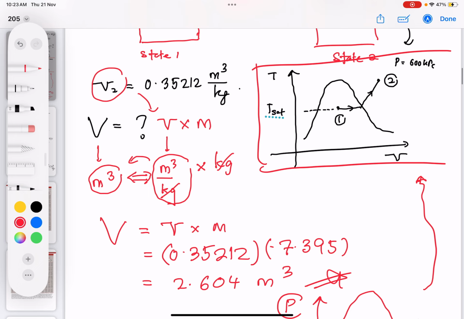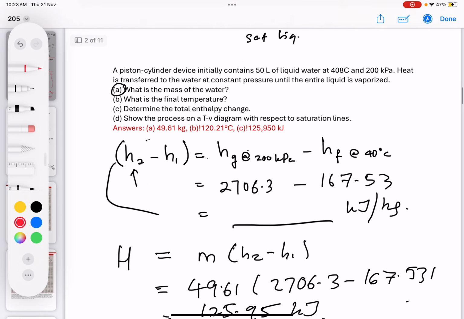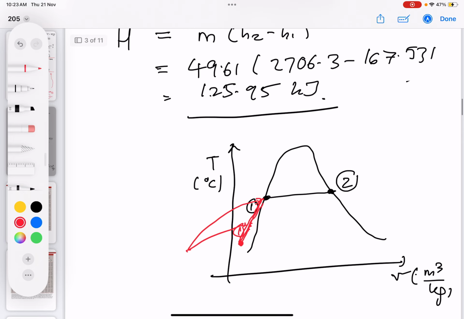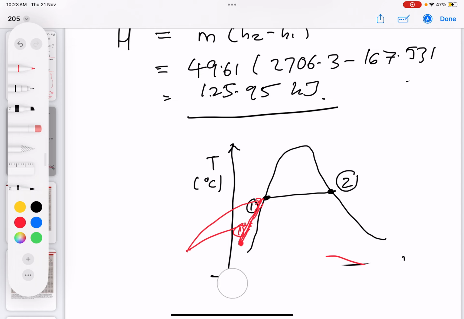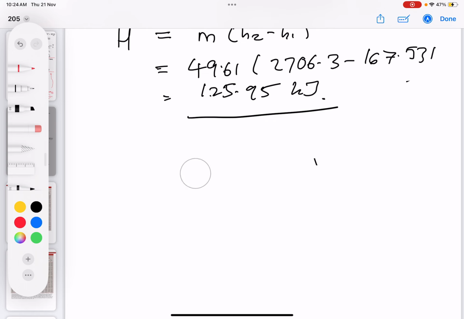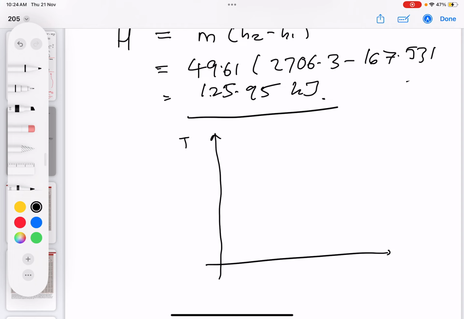If you remember, let's take a look at the TV diagram. So let's say this is my TV diagram, and I have the saturated line.